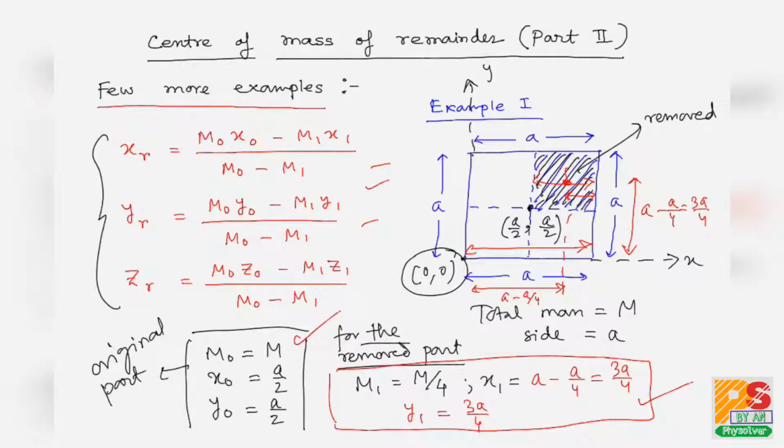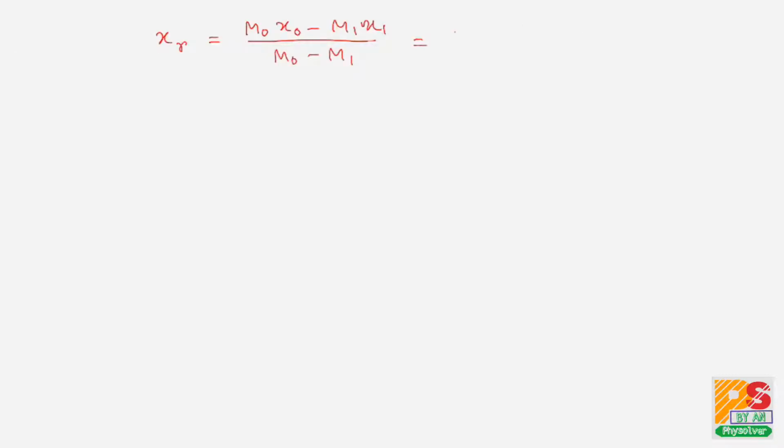Let's put the values. M naught is M, x naught is a by 2, m1 is M by 4, x1 is 3a by 4, divided by M minus M by 4. M will go away.